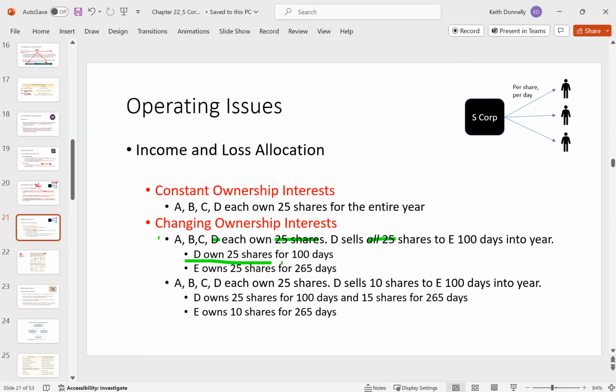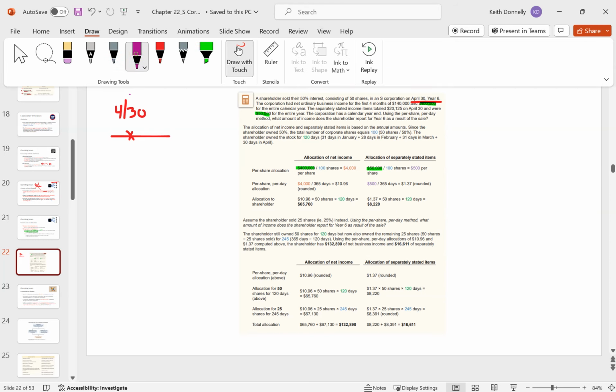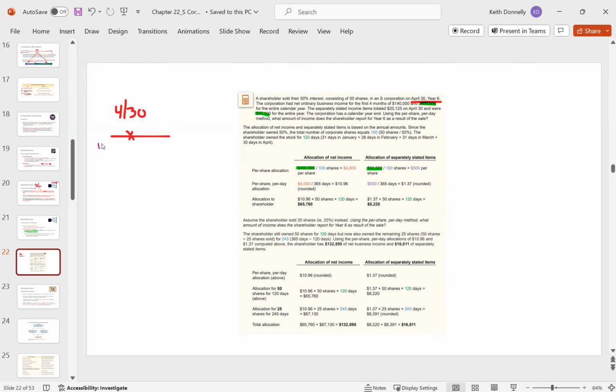We have to figure out and allocate income to D for that first period, however many days it is, 120 days. So they held it for this period right here, and we have to allocate the income to them.